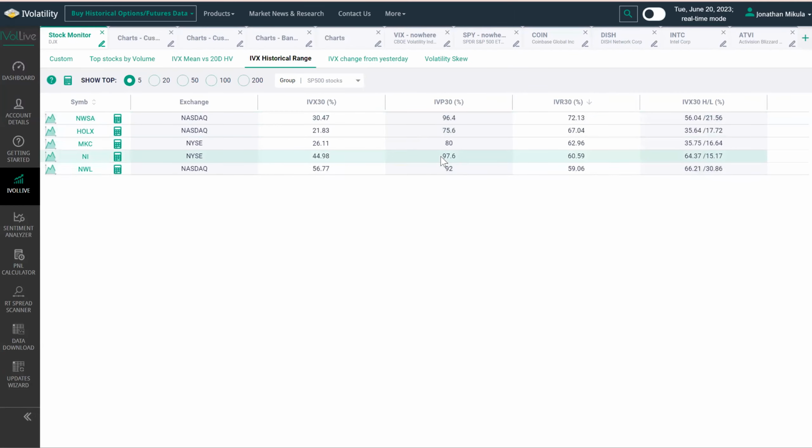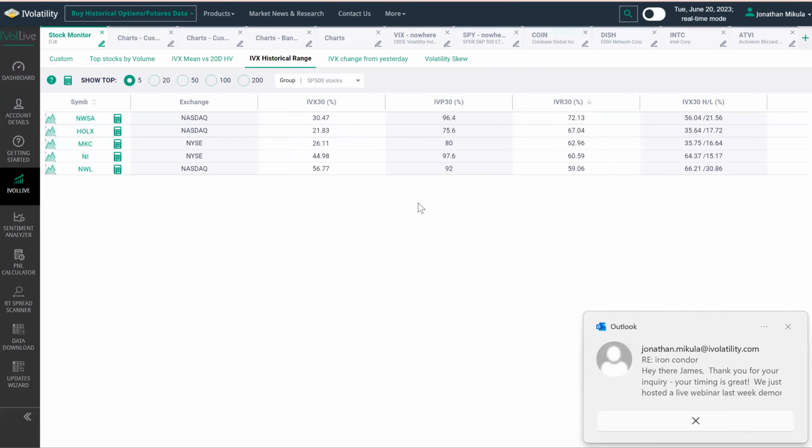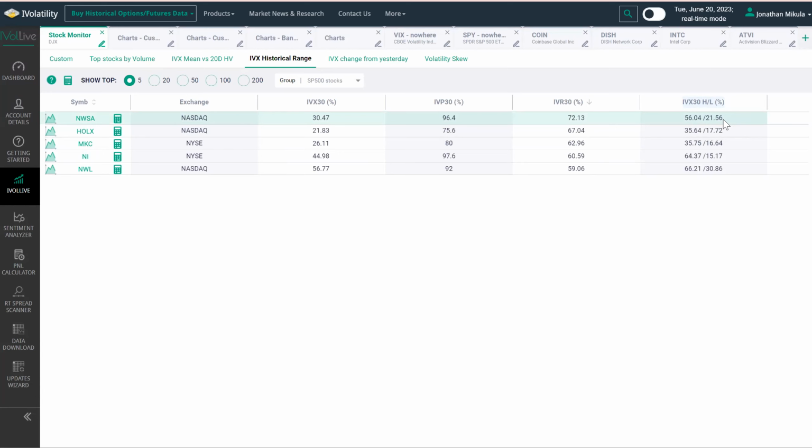IVX historical range. So a question that typically comes up is, hey, can I look at a 52-week range for implied volatility? And you can. So implied volatility over here on the column, this is like the 52-week range. So like a stock has a 52-week high and low, implied volatility ranges have a 52-week high and low as well. And why that's important is you might get an IVX reading, for example here on NWSA, and it says 30.47, right?